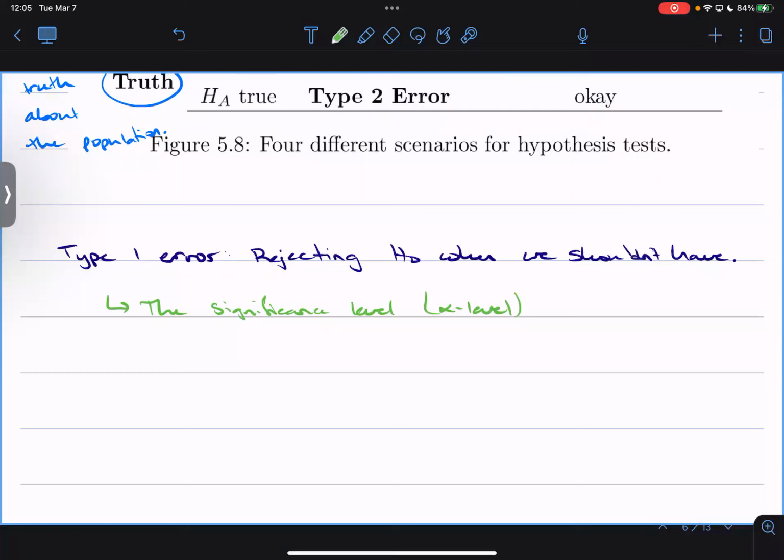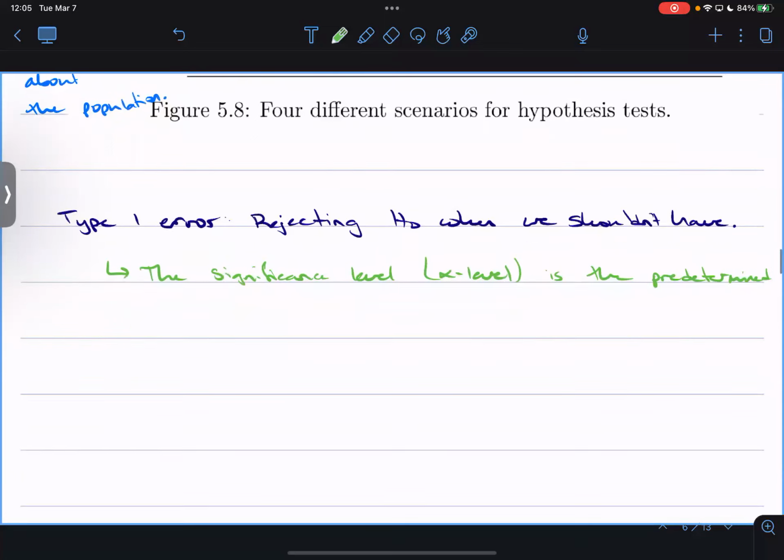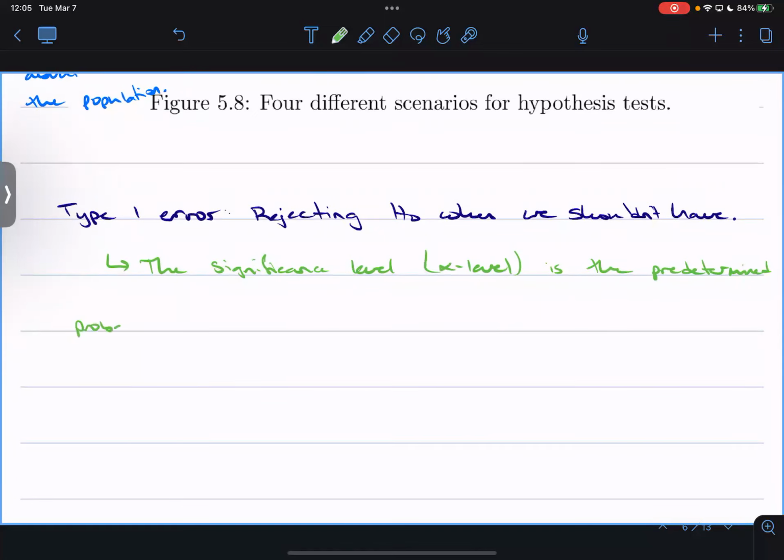You can change it if you want to, but the question will either tell you or use a default of 0.05. The significance level is the predetermined probability of making a type 1 error.